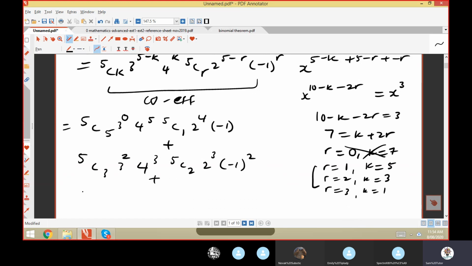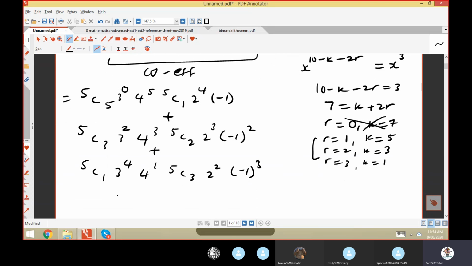Plus, and then last one, 5C1, 3 to the power of 4, 4 to the power of 1, 5C3, 2 to the power of 2, negative 1 to the power of 3. Wow, done. You can just leave it at that. If you want to simplify, you can simplify it. Whatever.